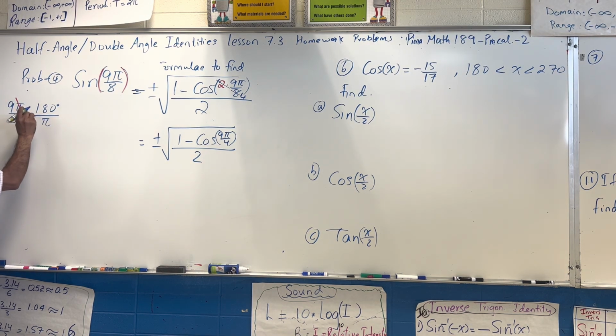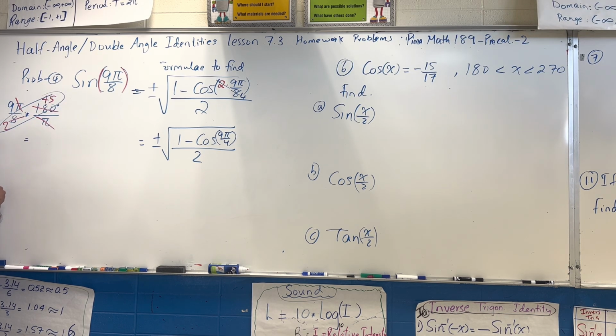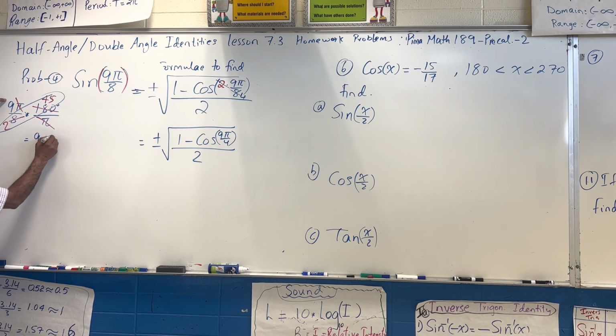So this pi crosses out, and when you work this out, you can check with a little calculation, this 4 divides 2 times 4 divides 4, 16 and 45. So then 45 divided by 2 will be 22.5.